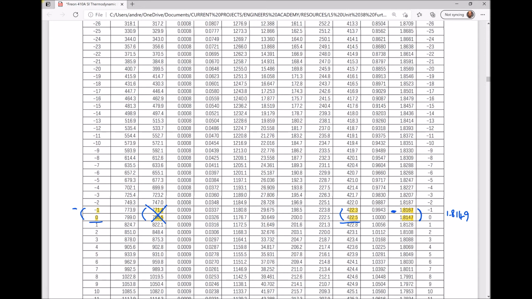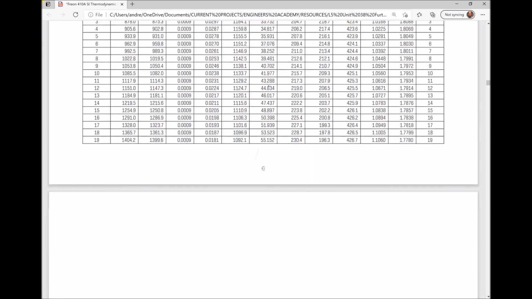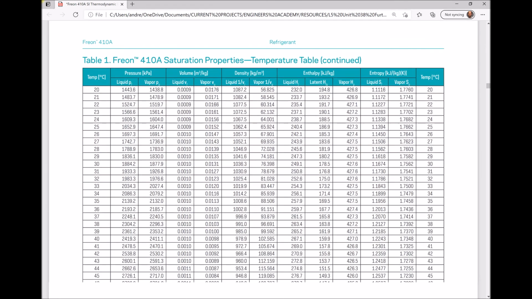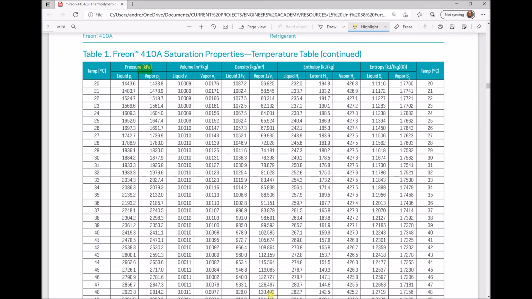And you'll recall that before we had dry saturated vapour, whereas now we have wet saturated vapour. So we can continue down this column. But note that this time, because we have wet saturated vapour, we're looking at the pressure for the wet saturated vapour, denoted by the subscript F.